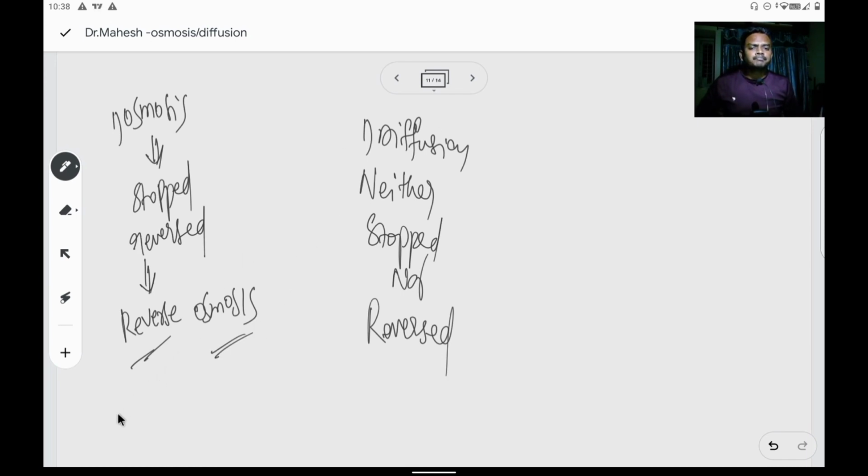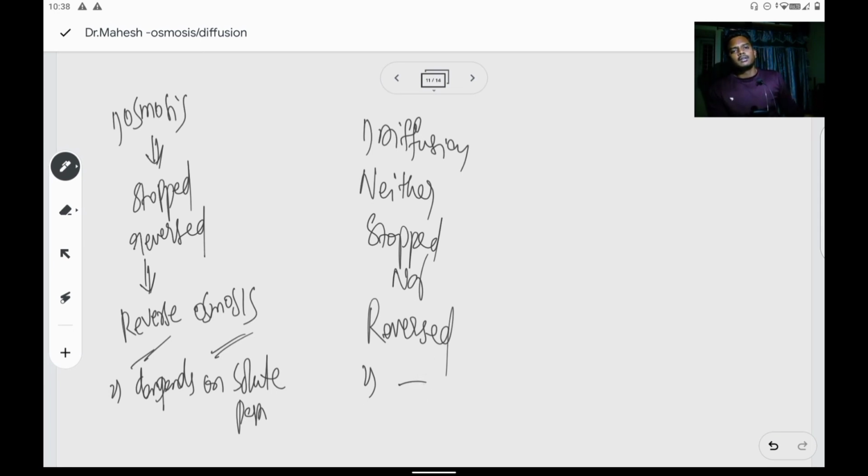And osmosis depends on the number of solute particles. More solute particles, osmosis happens very fast. Diffusion depends on other particles also.